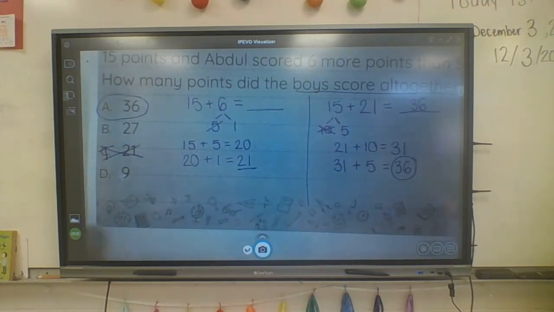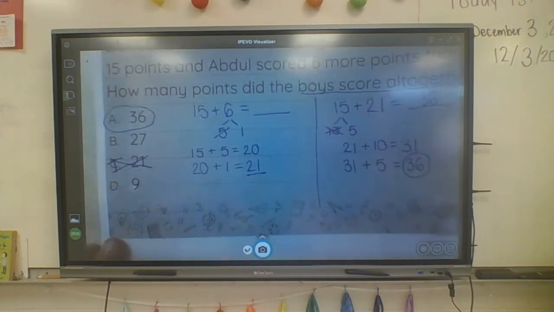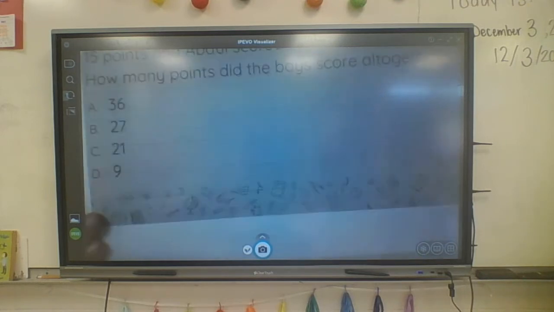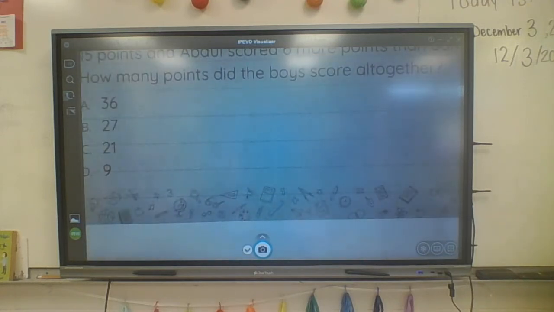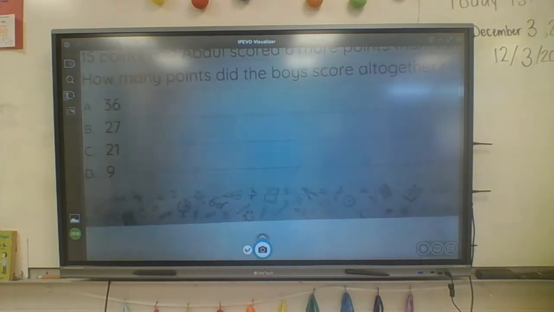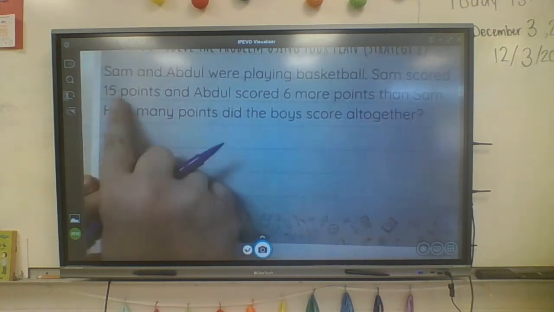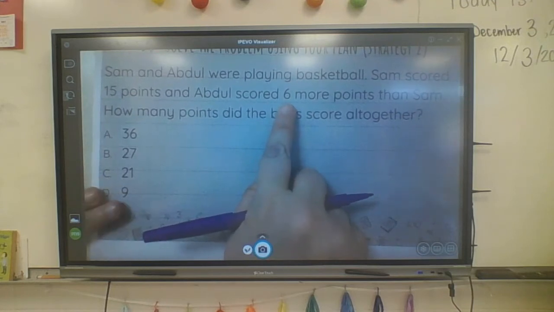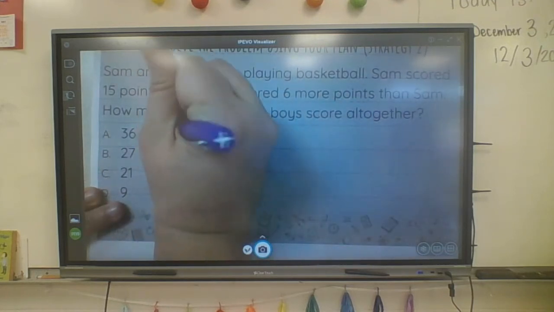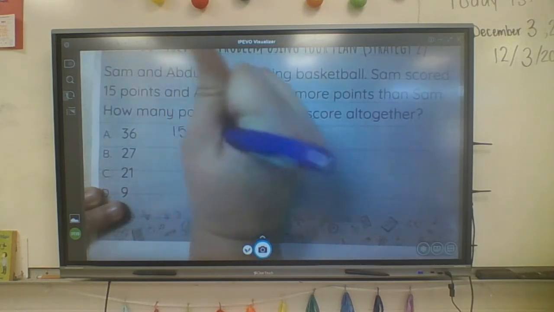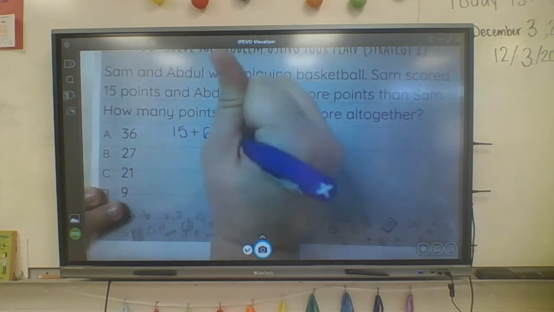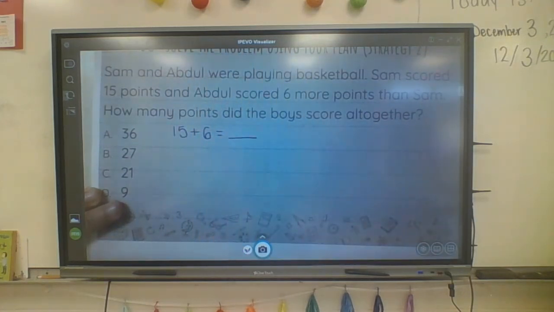So now I'm going to show you the same problem again, but with a different strategy of using a number line to solve. So a number line and decomposing are our main strategies that we focus on in 3rd grade. Again, I'm going to follow those same steps. So I'm going to first start with my 15 plus 6 equals something.